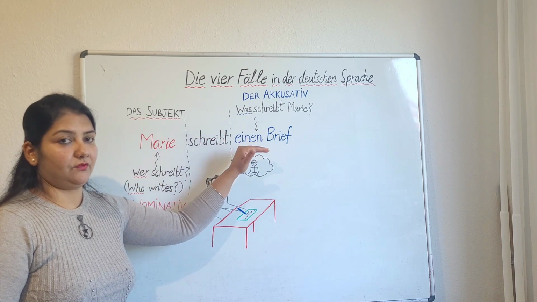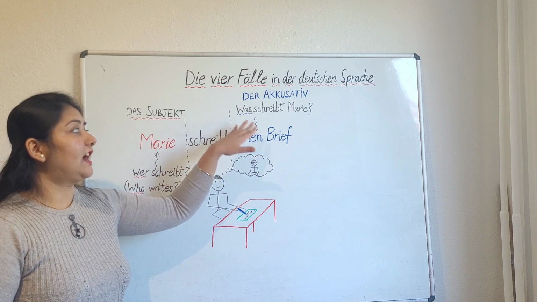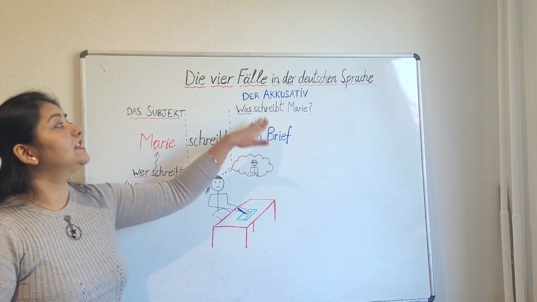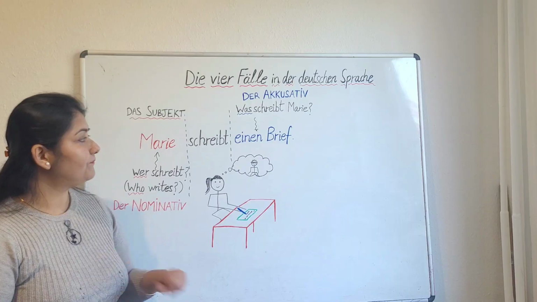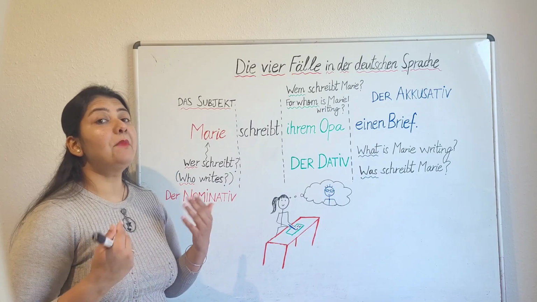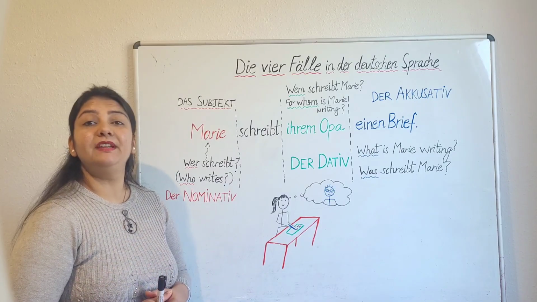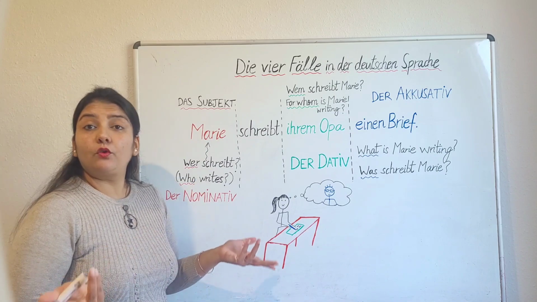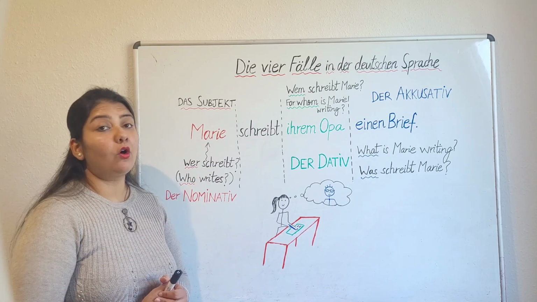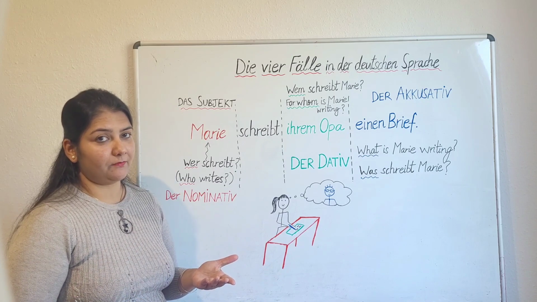Und diese Antwort zu der Frage was steht im Akkusativ. Im Akkusativ, right? So after reading the sentence, Marie schreibt einen Brief, another question strikes our mind, that is, for whom is she writing the letter? Or to whom is she writing the letter?